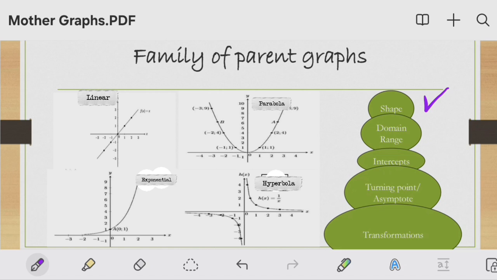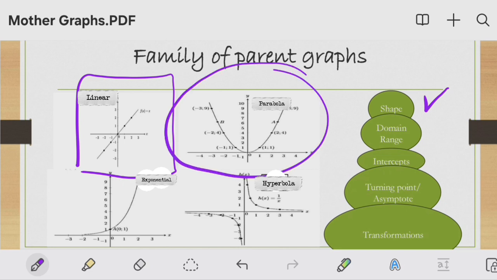Look at how a linear function looks compared to a parabolic function. A linear function is a straight line, whereas a parabolic function will either be a smile or a sad face.